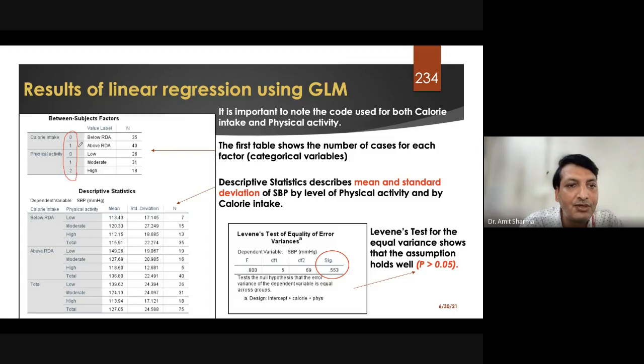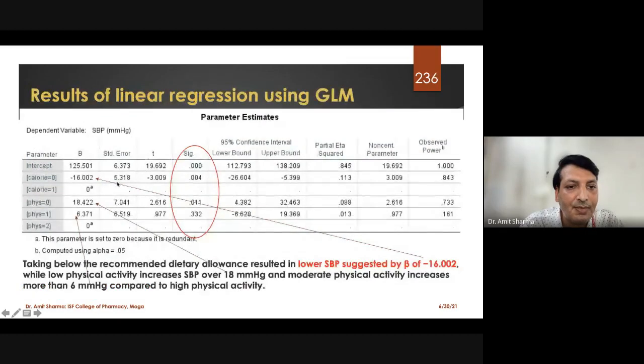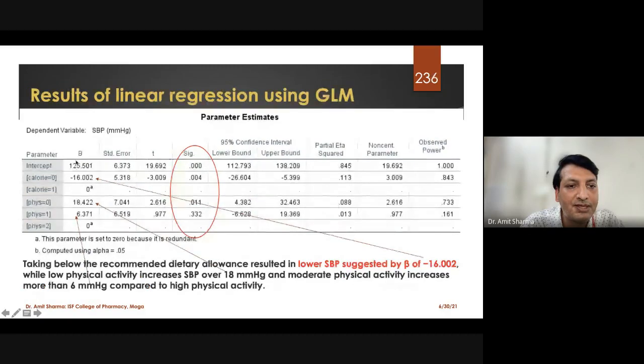Because the further results which you are going to find, for example, these results, will be shown in terms of codes which you have entered in the SPSS. For example, for calorie intake, 0 was below RDA and 1 was above RDA. For physical activity, 0 means low physical activity, 1 means moderate, and 2 means high. So the value level was not mentioned whenever we are going to predict the results here in this table in parameter estimates.